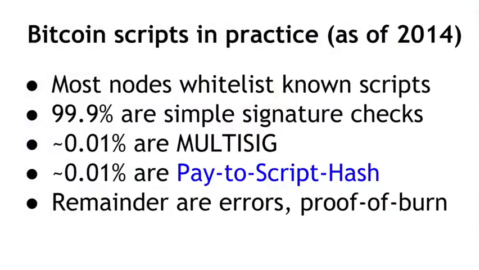So, like I've said, we have this whole scripting language that lets us specify, in some sense, arbitrary conditions that must be met in order to spend coins. But as of today, this isn't used very heavily.